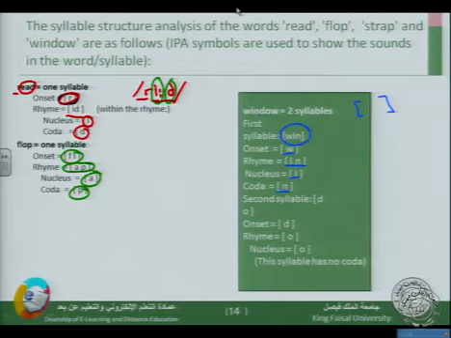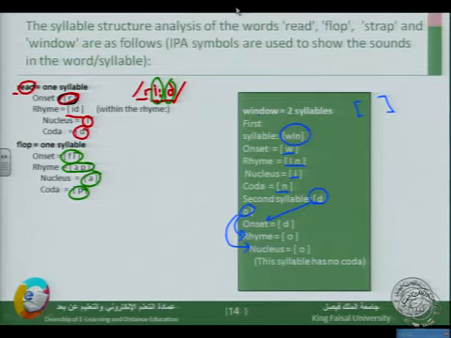The second syllable is do. D is the onset and O is the rhyme. The nucleus is O. Is there any coda? Of course not. We don't have a coda. So not all syllables have codas, like this word window.